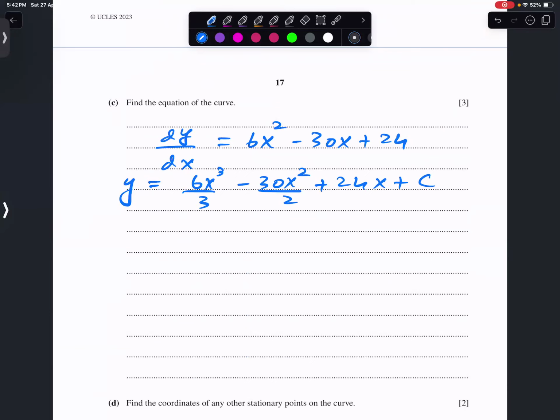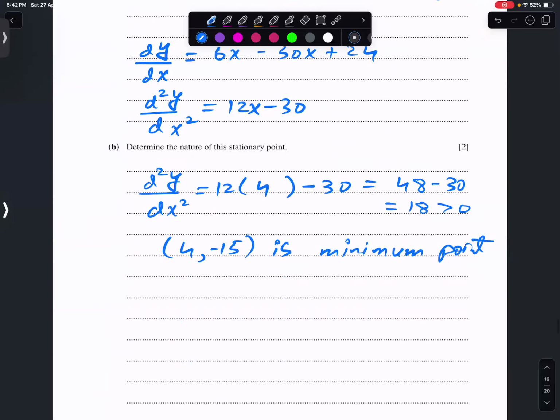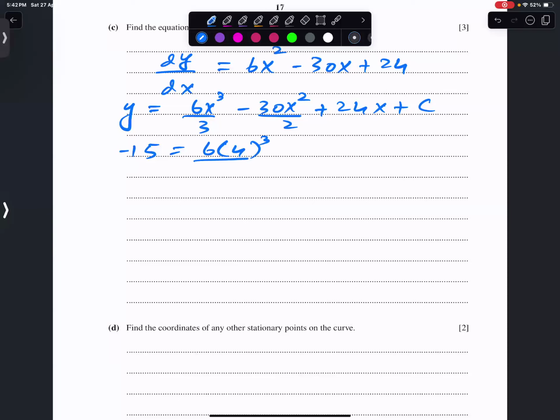Now, the point is given on the curve, and that is, what was the point? Minus 15 is equal to 6 times 4 cube over 3, so 2 times 4 cube minus 15 times 4 square plus 24 times 4 plus c.